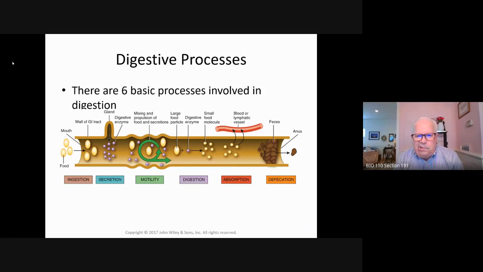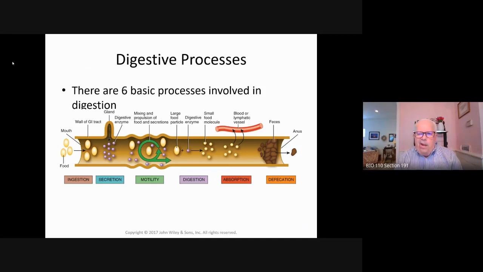Now, there are 2 types of digestion. Mechanical digestion, which basically is in the mouth, and chemical digestion, which basically is in the stomach and small intestine, but it also occurs in the mouth. There are enzymes in the mouth also.